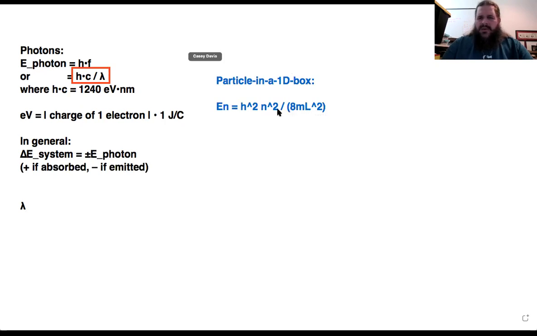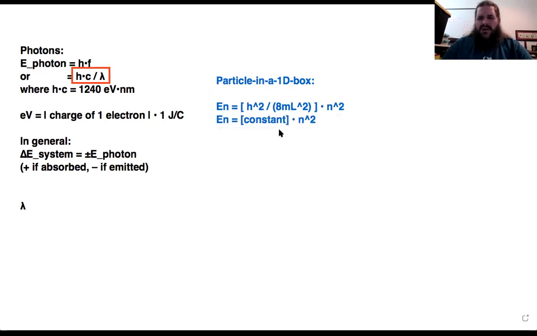And the most important thing there, I think, is that the h is a constant, of course. H is a universal constant, Planck's constant. The mass of the particle is not going to be changing as time passes. The length of the box does not change as time passes. So if you think of everything else as constants, this is just a constant times n squared.